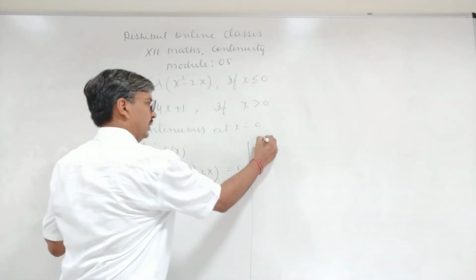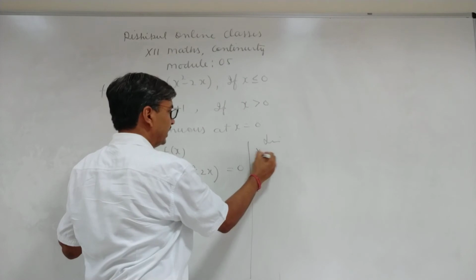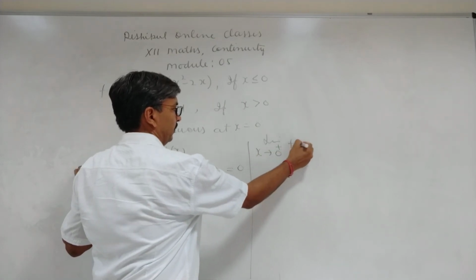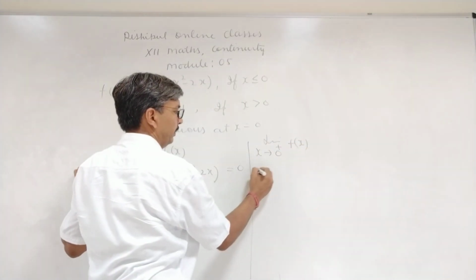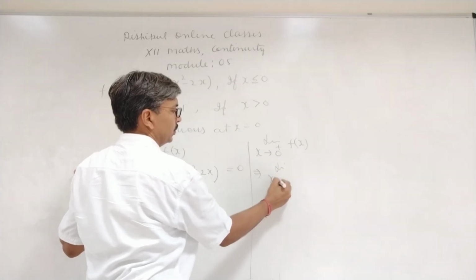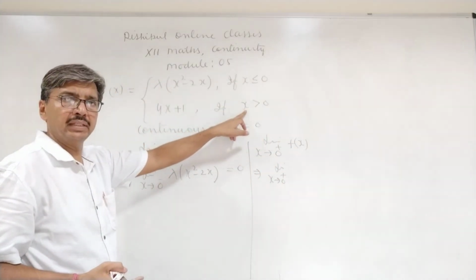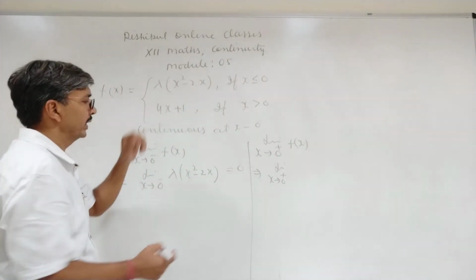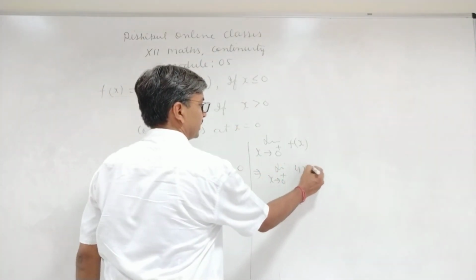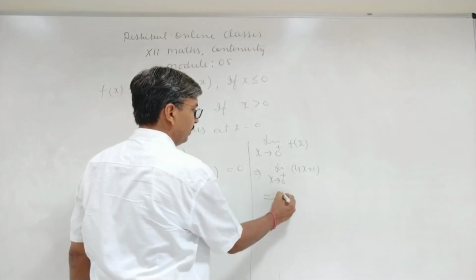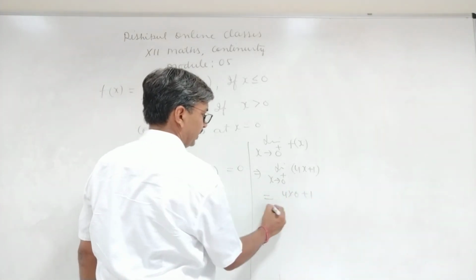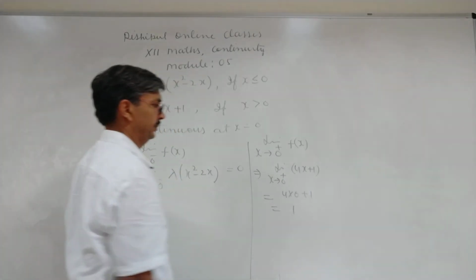And the right limit will be limit x tends to 0 plus f(x). Right limit means x greater than 0, 4x plus 1, and this will be equal to 4 into 0 plus 1 equal to 1.